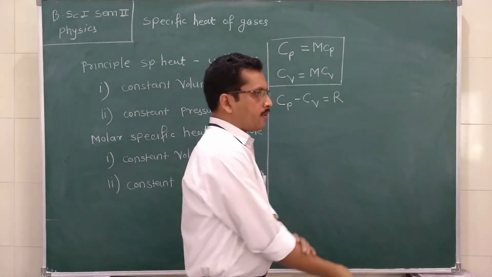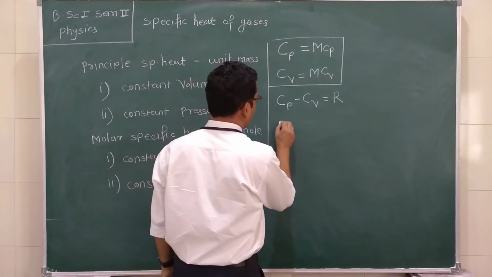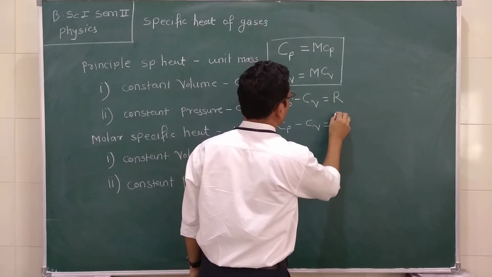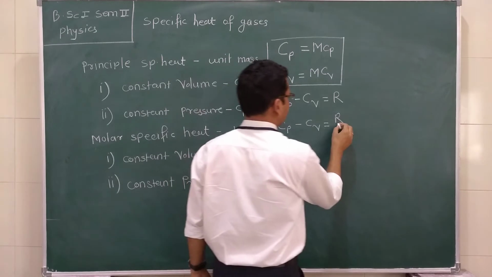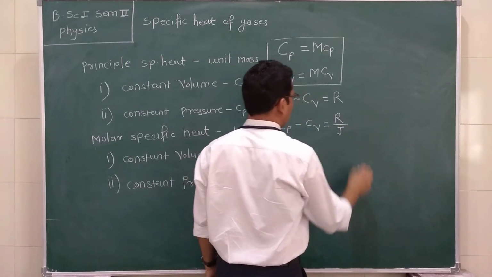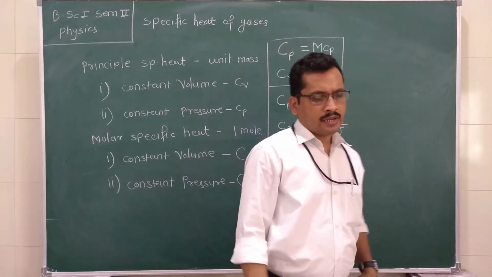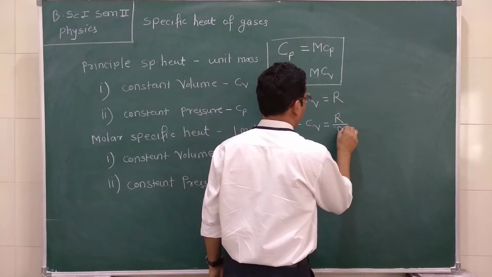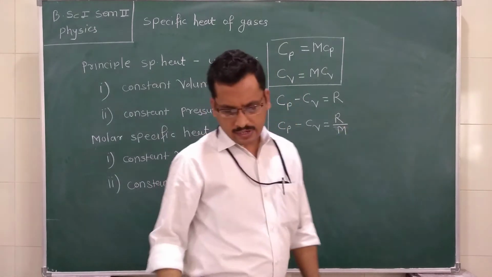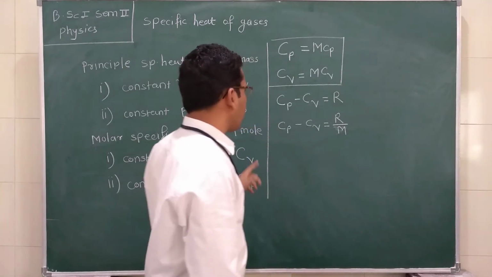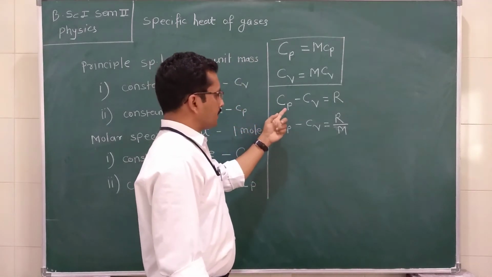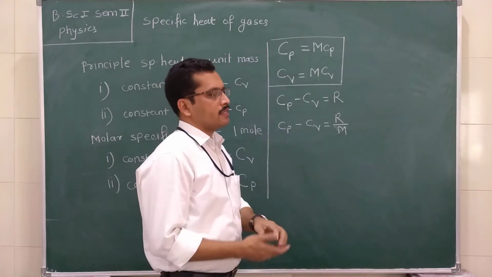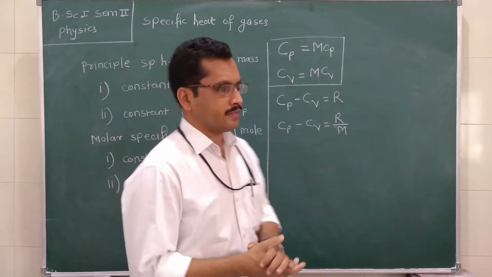Okay, and for principal specific heat, this relation can be written as cp minus cv is equal to R divided by MJ, where this J is nothing but the mechanical equivalent, or we can also write it with capital M, which is nothing but the molecular weight of the gas. Okay, so this is Mayer's relation for molar specific heat, and this is the relation for the principal specific heat, where this M is nothing but the molecular weight of the gas.